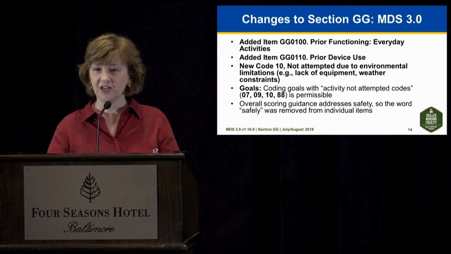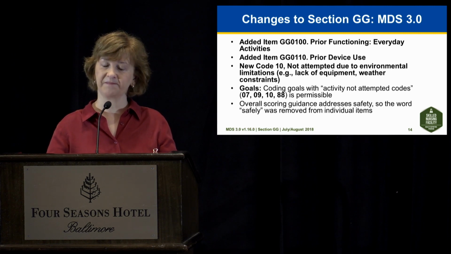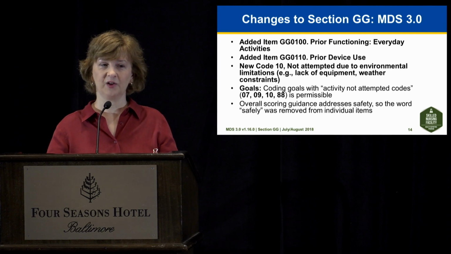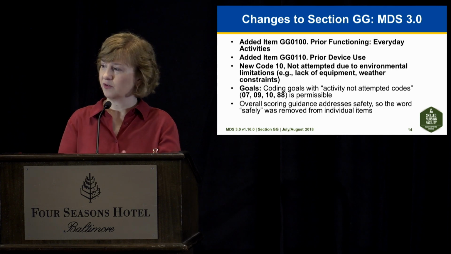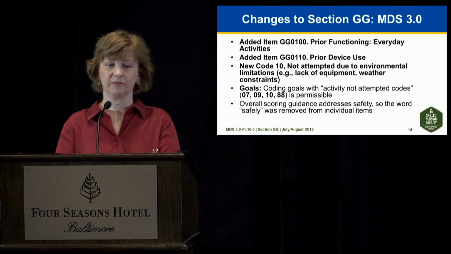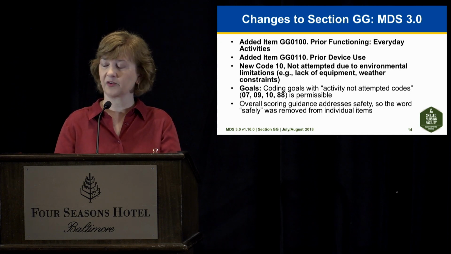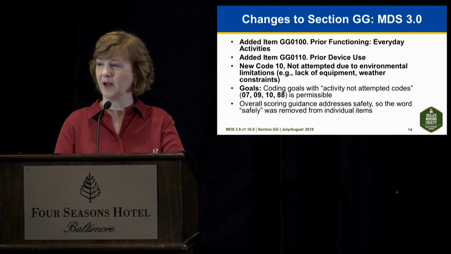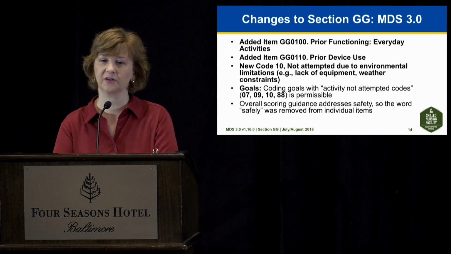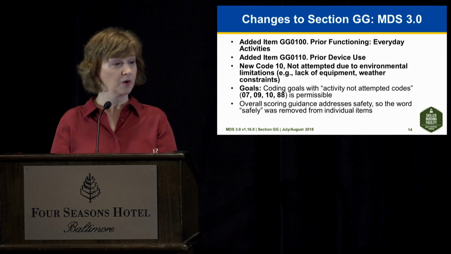One of the other changes made, based on feedback from the post-acute care settings, was an interest in using the activity not attempted codes as goals. If you're used to the MDS right now, in terms of goals, you can only enter the 01 through 06 codes as goals, but we were asked to consider allowing other codes to be entered.